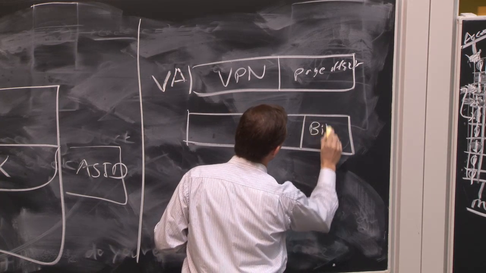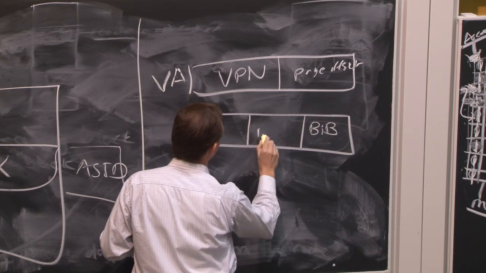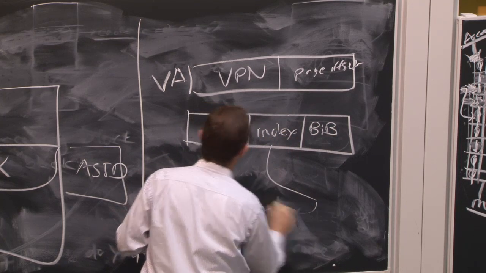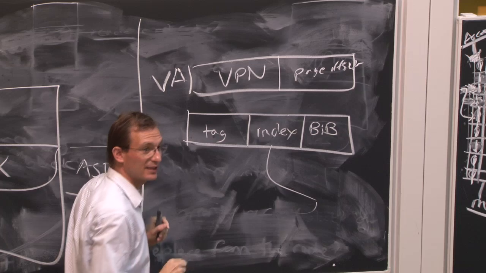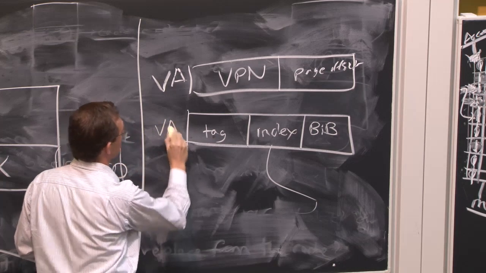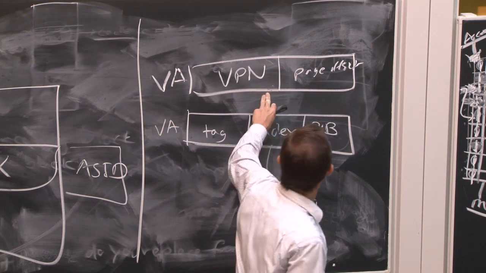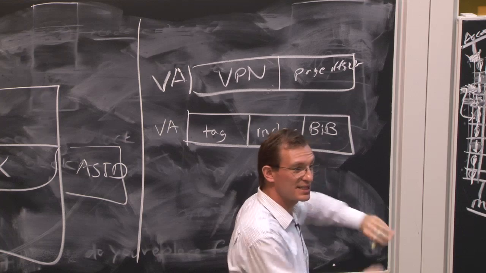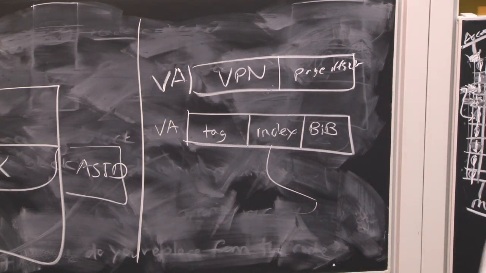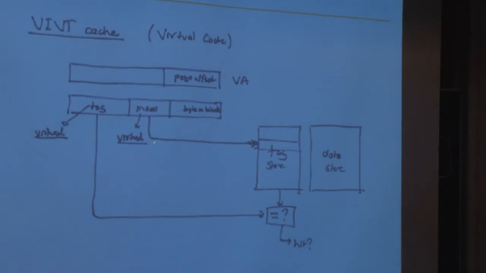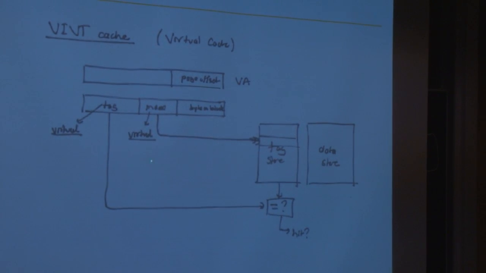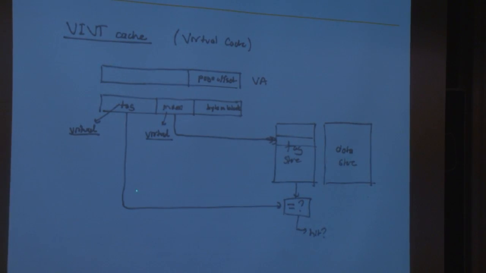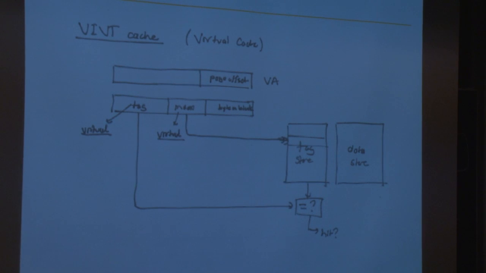You have a byte in block, an index into your cache, and a tag for your cache. Right? You're using the same virtual address. Now the problem is a virtual page can be in many different indices in the cache, in many different locations. If you look at this, your index is virtual and your tag is virtual, right? Which means that you have the synonym and homonym problems.